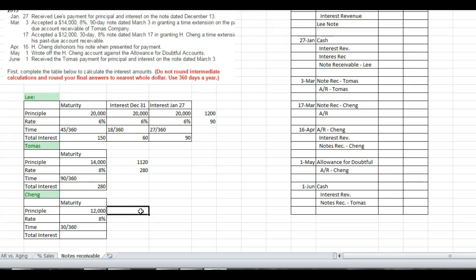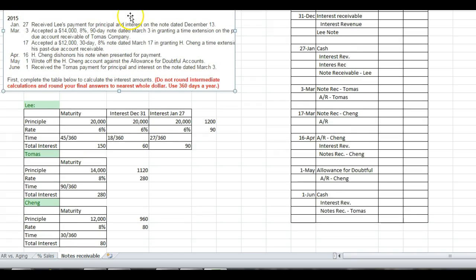And we're going to do the same for Xing, and that's going to equal 12,000 times 8 is 960, and then the period rate is going to be 30 divided by 360. So their interest is $80. So now we've got the hard part done. Now all we have to do is fill in the blanks.